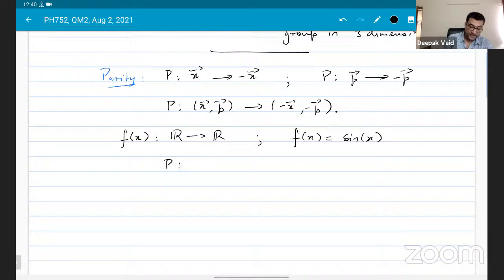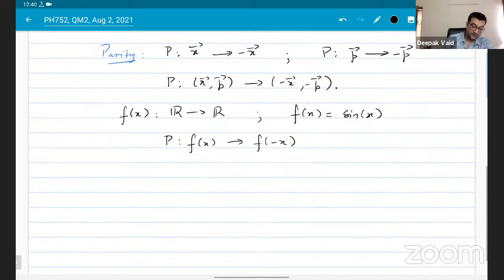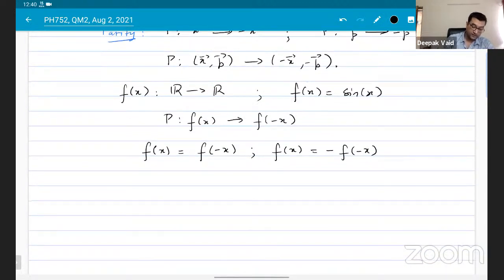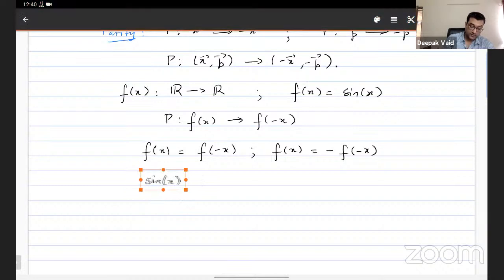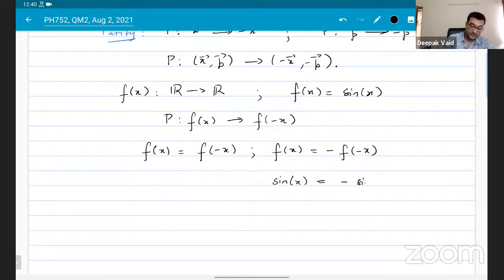Now, if I apply parity to this function f of x, what do I get? I get f of minus x, right? Now, there are two possibilities. One possibility is that f of x could be equal to f of minus x. The other possibility is that f of x is equal to the negative of f of minus x. So as an example, what about sine of x? Sine of x comes in this category.